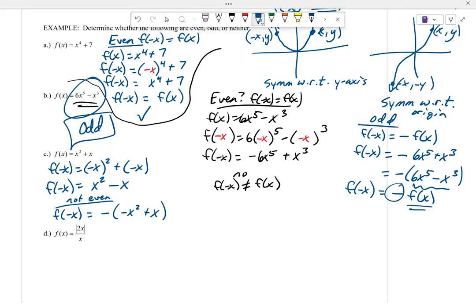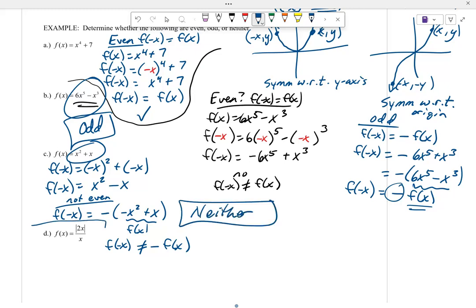If I factor a negative out, is it the opposite? Is this the original right here? No, my original was x squared plus x. I got negative x squared plus x when I took a negative out. So when I plugged in negative x, I did not get negative f of x either. So this one's neither. C is neither.